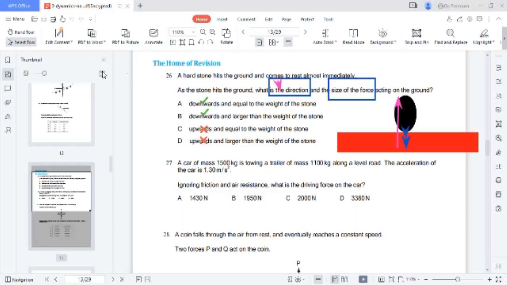Upward force is incorrect. Next is equal to the weight of the stone or larger than the weight of the stone. It is larger than the weight of the stone because it already has some momentum as well.